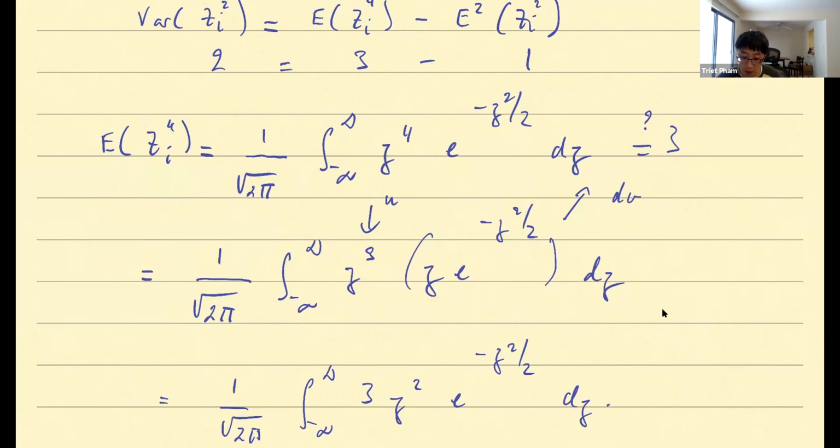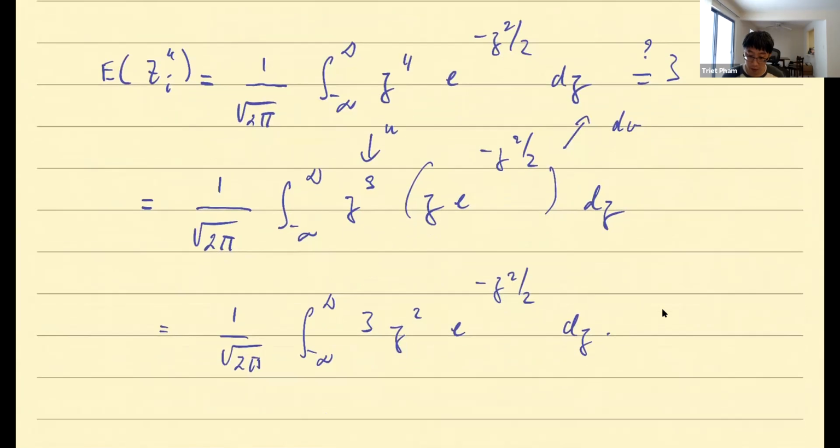Okay, but you see what this is? What is this integral? This is the second moment of the normal, which we just said is 1. So that is just 3. And there you go.